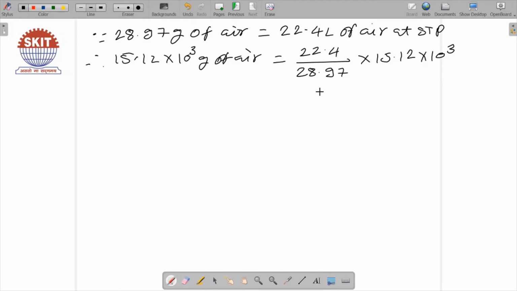After solving, 11.69 into 10 to the power 3 liters will be the final answer.